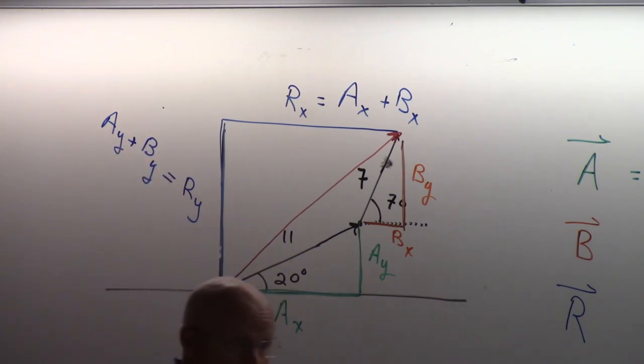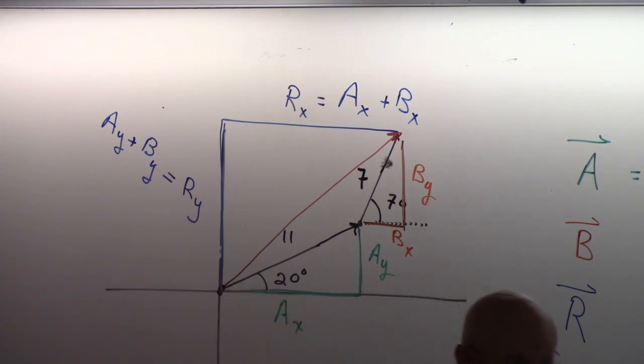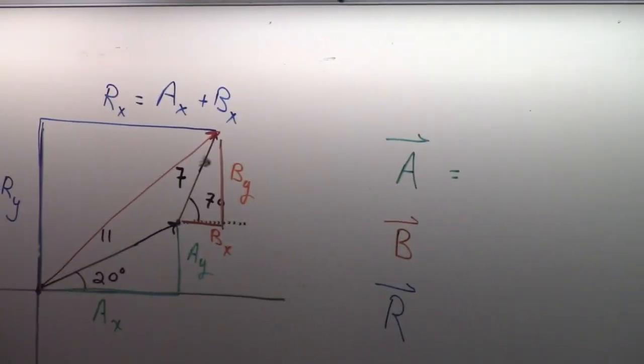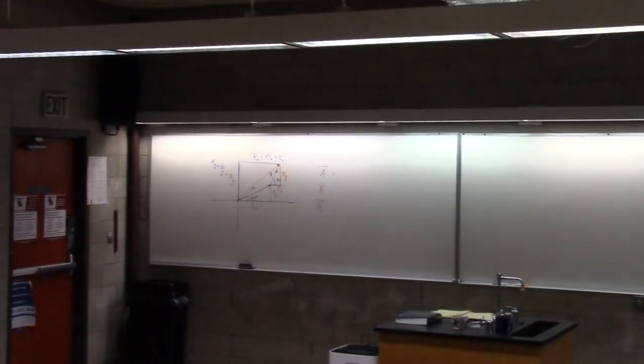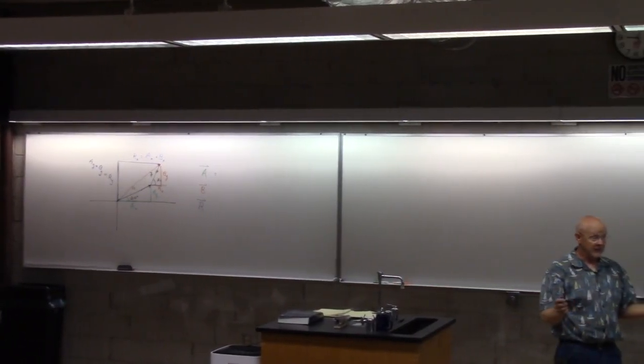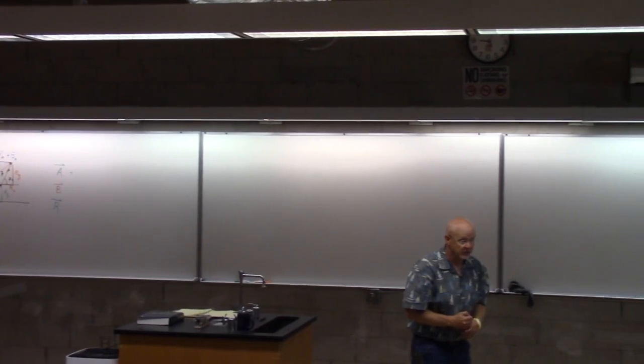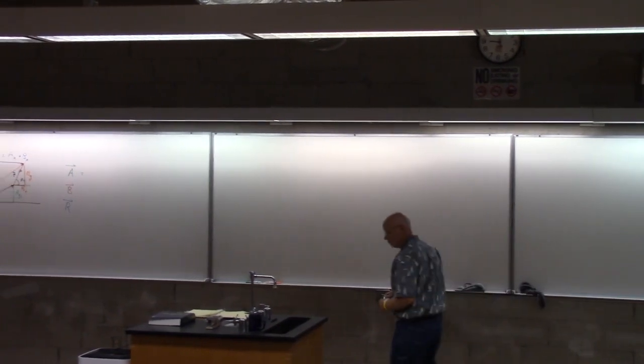And so we can get the x component of the result by putting the x's of A and B together. We can get the y motion of the result by putting the y's together. And now we can use that trigonometry that we've been talking about for the last 20 minutes or so and do the math on it. So let's try the math here.